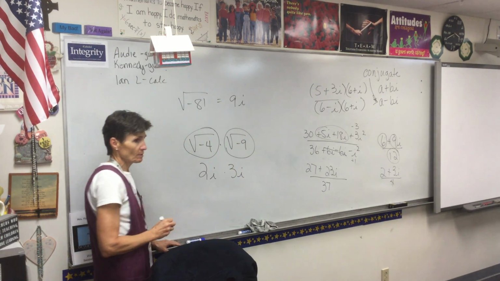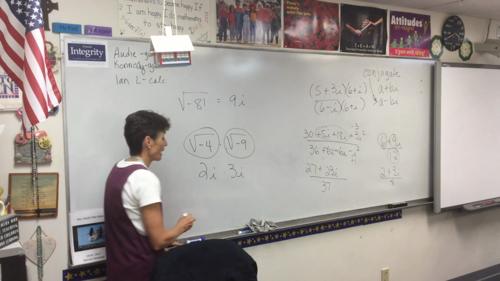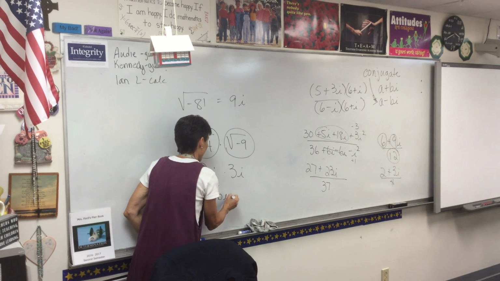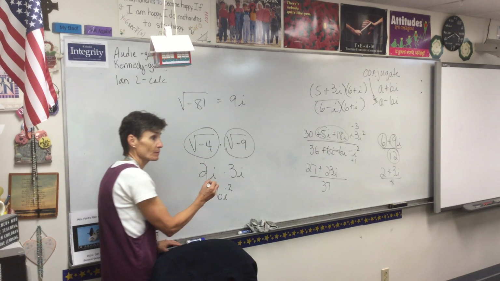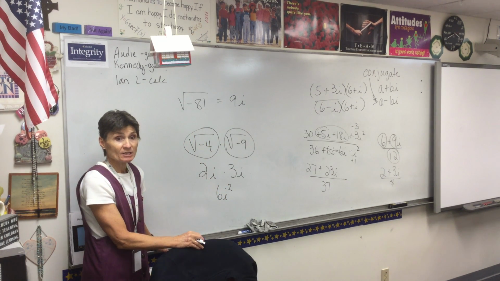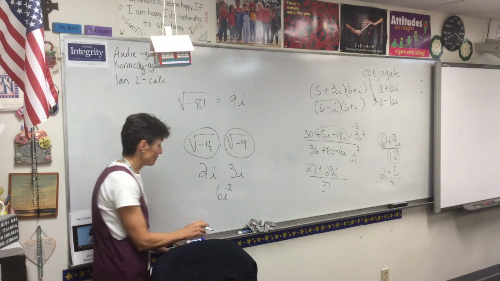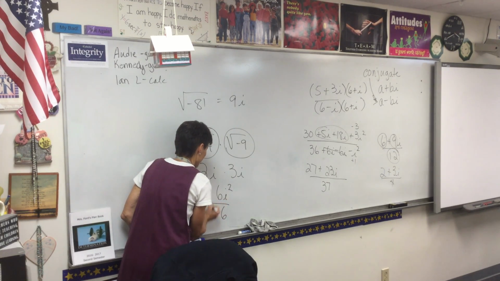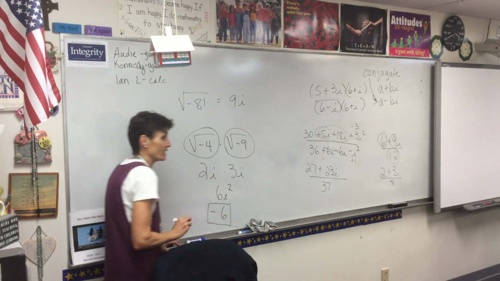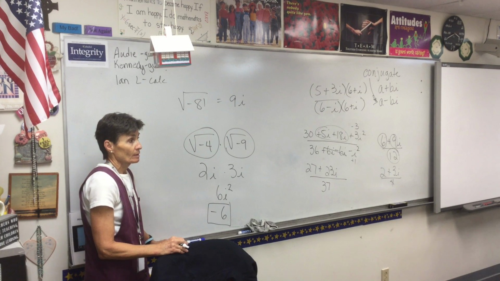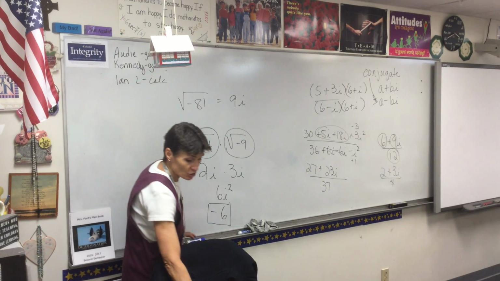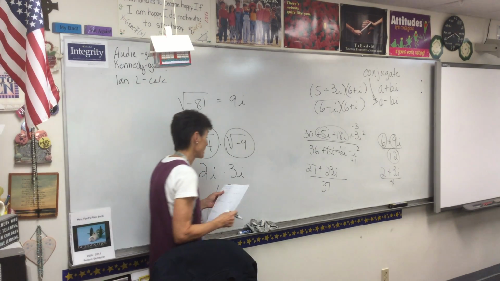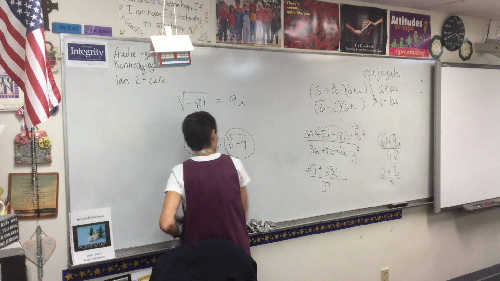Now I multiply them, and I get 6i squared. But wait a minute, i squared is negative 1, so the answer to the problem is negative 6. Whenever you have the square root of a negative, please take care of the i first.